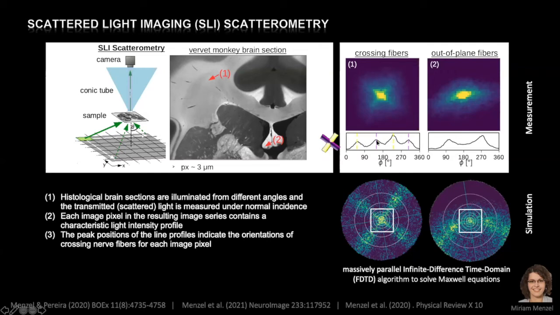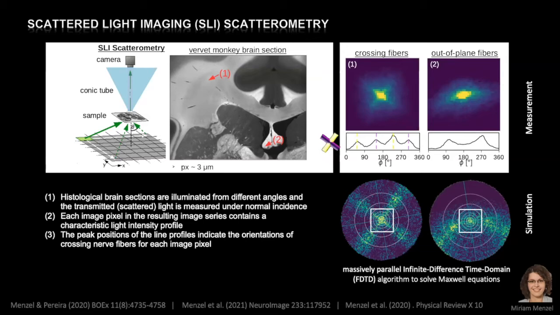And from the position of these peaks, you can derive the number of fibers and also the relative crossing of the fibers within the measured pixel, right? So you can acquire those kind of patterns for every pixel, currently down to something like 3 micron.